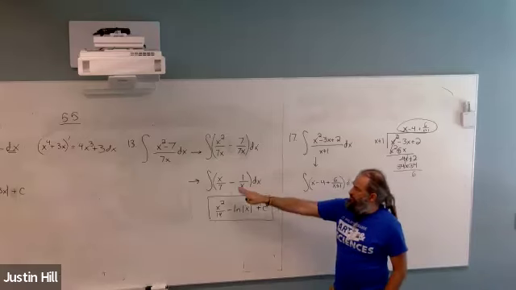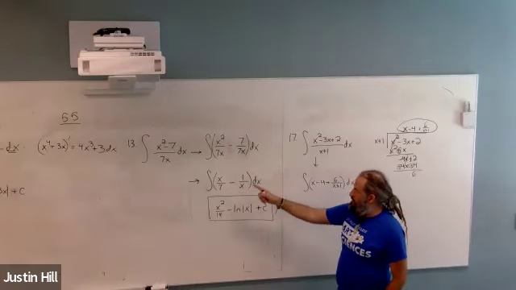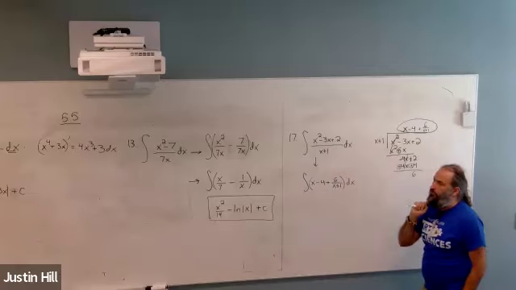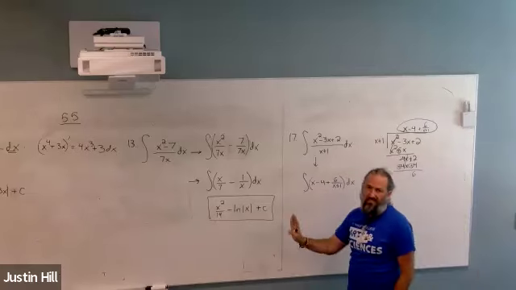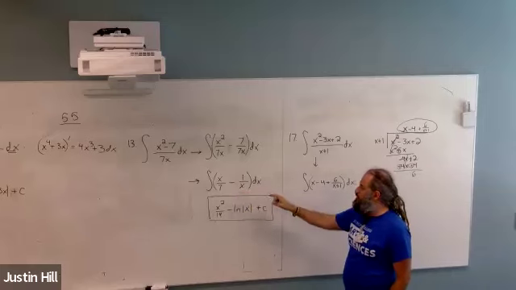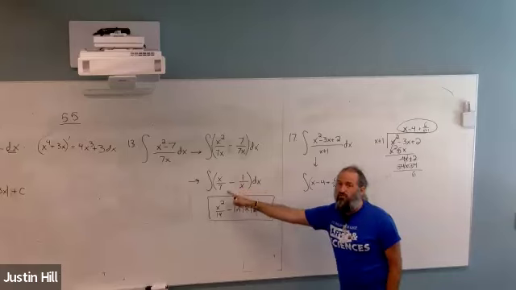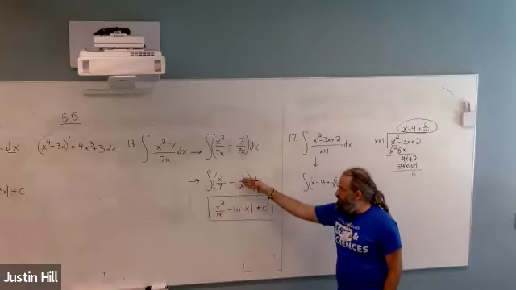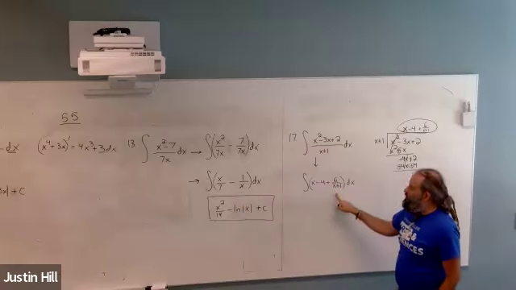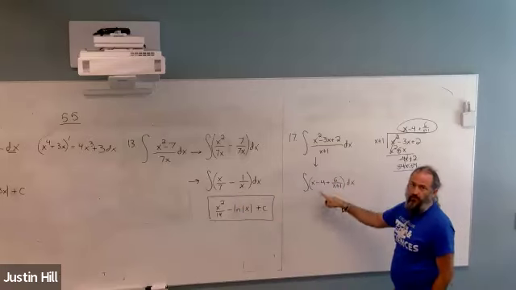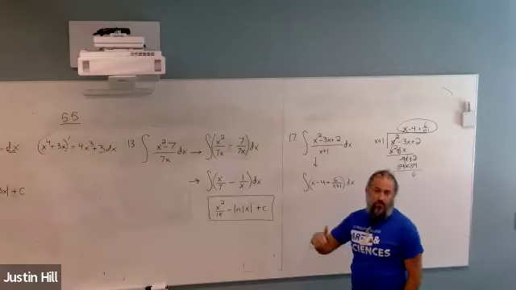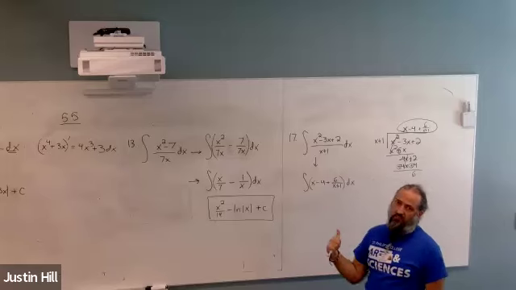Whether it's the last problem where you split the fraction up into pieces, or this problem where you're forced to do polynomial long division, either way, our goal is to rewrite and simplify this to something where it's very easy to take the integrals of the pieces. So the polynomial long division sucks, but it does the job.